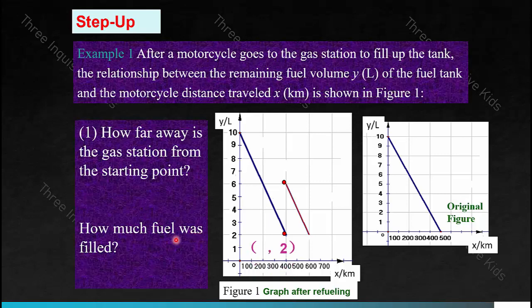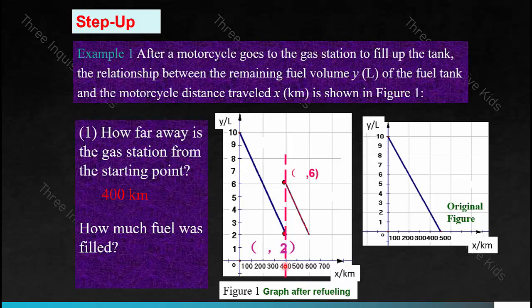We know the y-coordinate of this point is 2, but we are not sure about its x. Again, this is 6 for the y-coordinate. Now once we look at what x value these are both on, we see this is 400 kilometers. So the answer would be 400 kilometers.